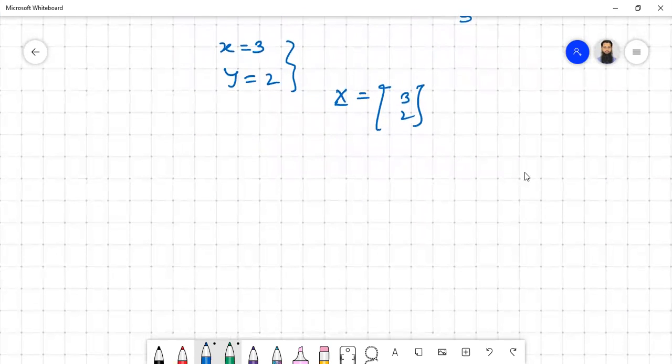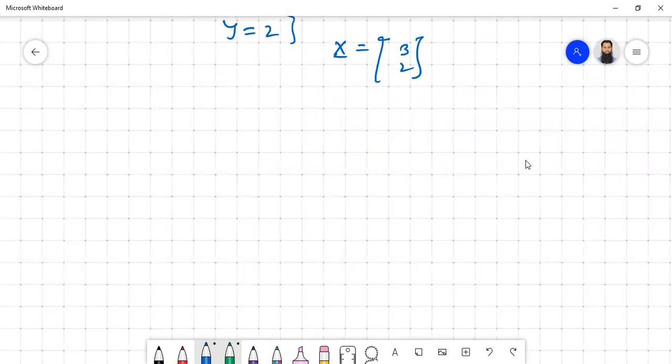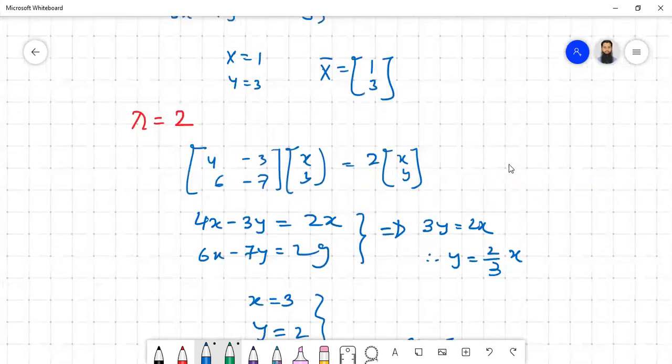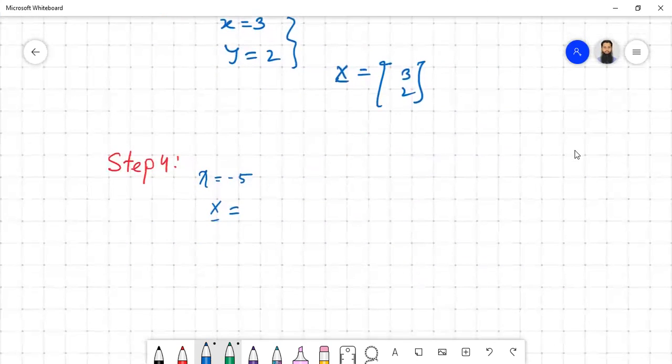And finally, step 4 is plotting. One thing we already figured out is that for lambda equal to minus 5, we have the vector 1, 3.